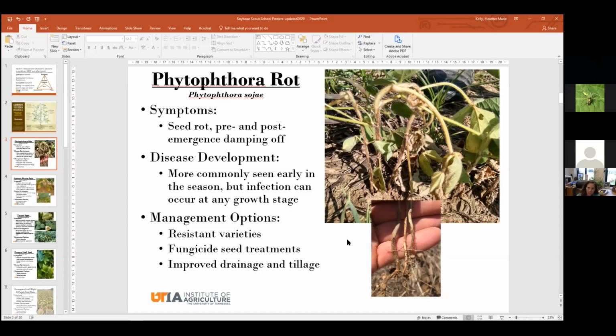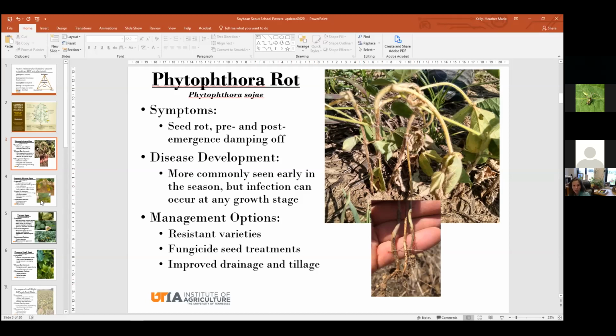Again, the biggest thing here would be resistant varieties. There are some fungicide seed treatments that help, as well as improved drainage, and if needed or where applicable, you could do tillage to help with the drainage, because it is a wet loving pathogen.